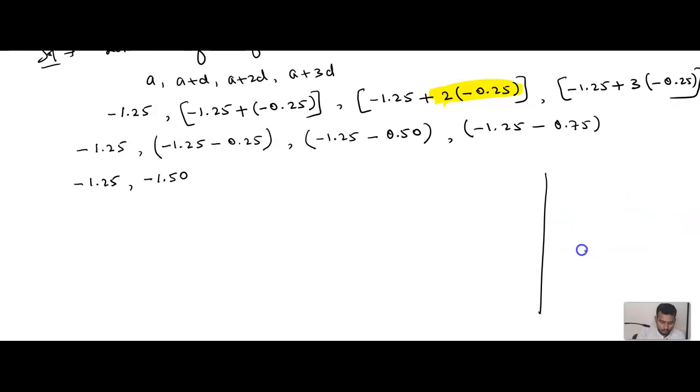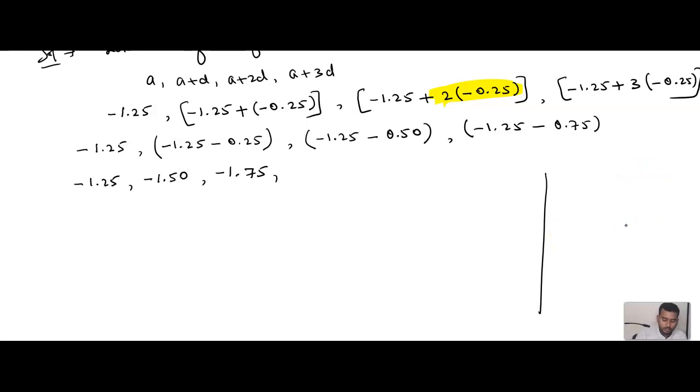Again I am doing the next calculation here itself. Let's see. Comma minus 1.25 comma minus 0.50. Both are minus, we write minus, but we add. 5 plus 0 is 5, 2 plus 5 is 7, point 1 plus 0 is 1. That's nothing but minus 1.75.